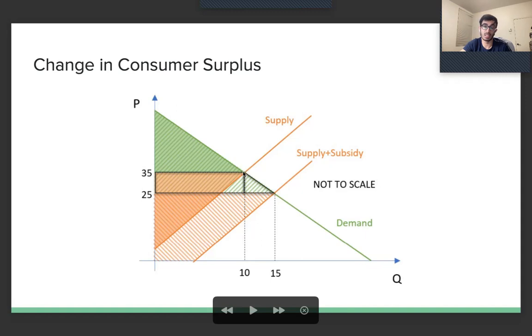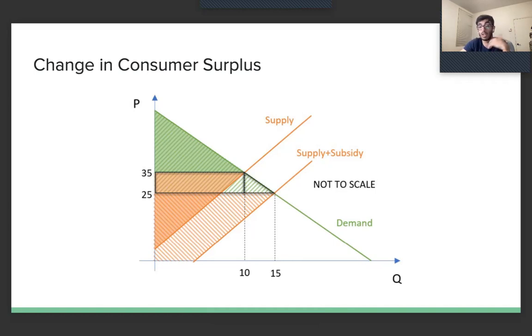So this is the equilibrium right here. And so your consumer surplus would be this dark green triangle, and your producer surplus would be this dark orange triangle initially.